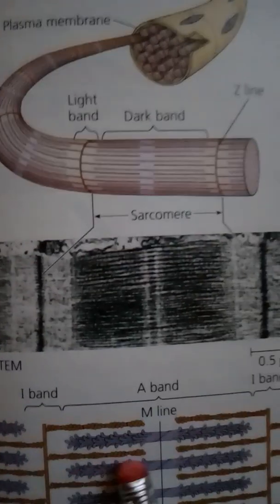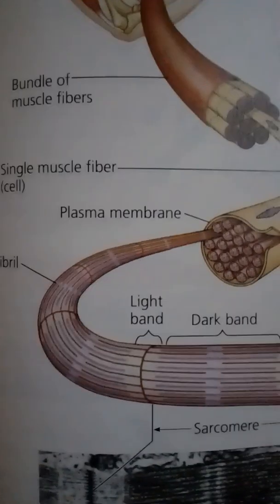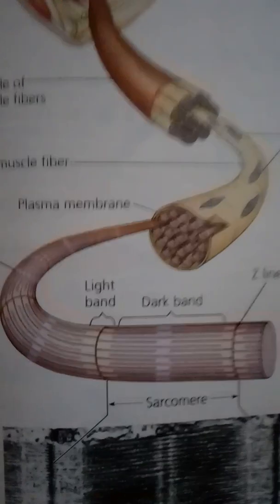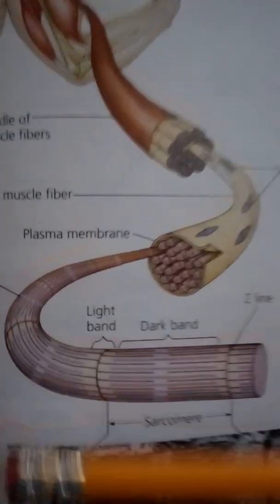The A band is the broad region that corresponds to the length of the thick filaments. The thin filaments do not extend completely across the sarcomere, so the H zone in the center of the A band contains only thick filaments. This arrangement of thick and thin filaments is the key to how the sarcomere, and hence the whole muscle, contracts.